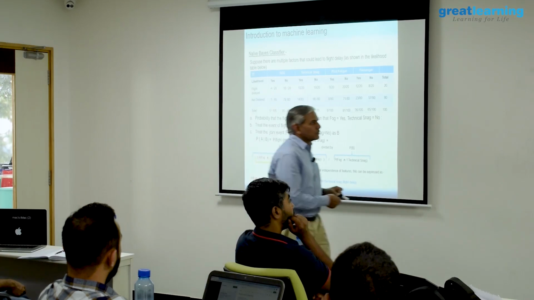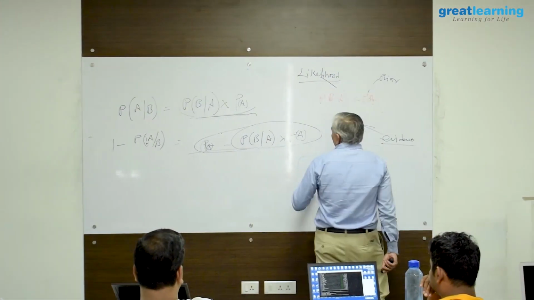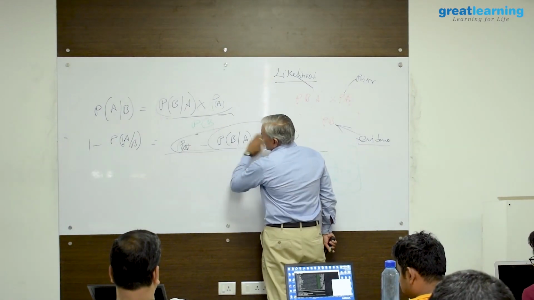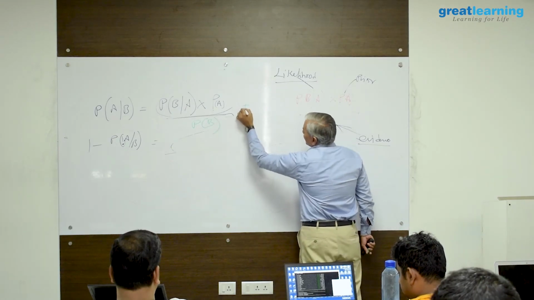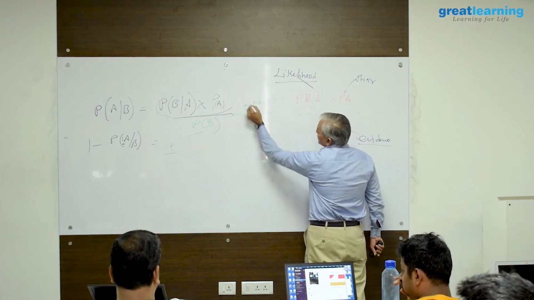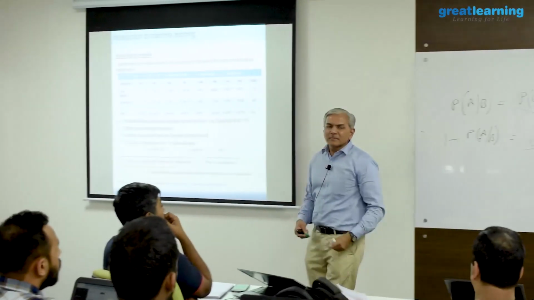So for that we use something called the Laplace smoothing factor. It sounds very hi-fi, but it's actually adding one small number, like 0.00005, to the numerator. You're free to add any number you like.